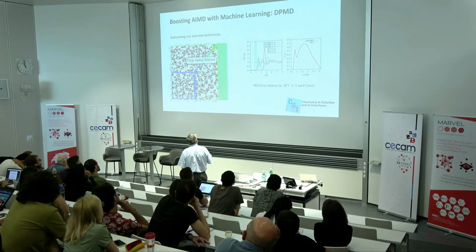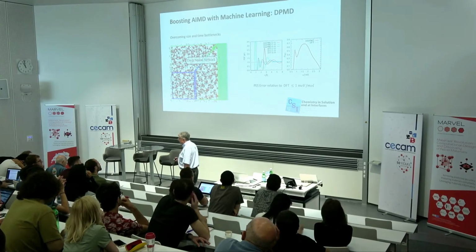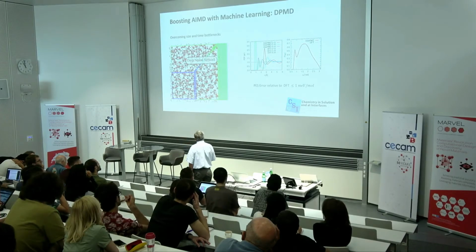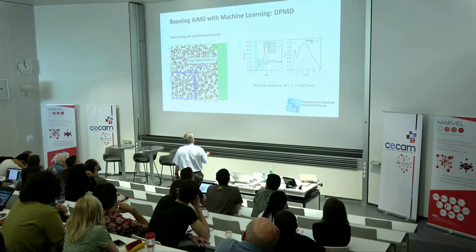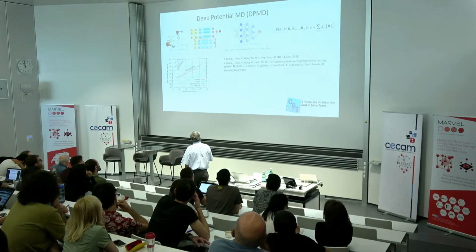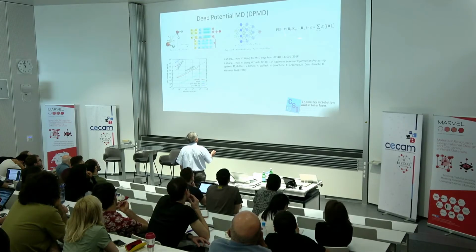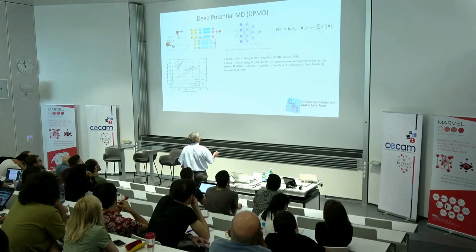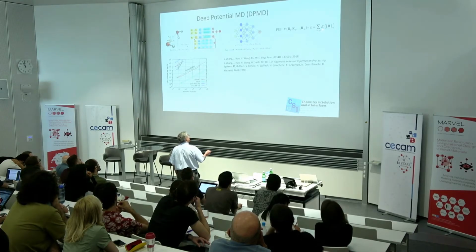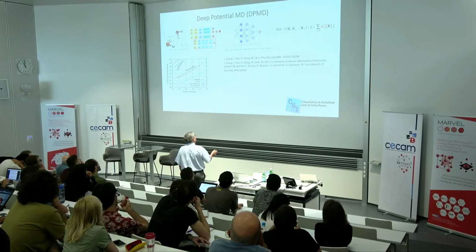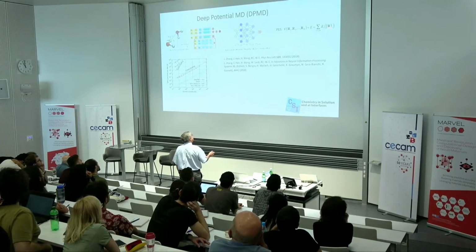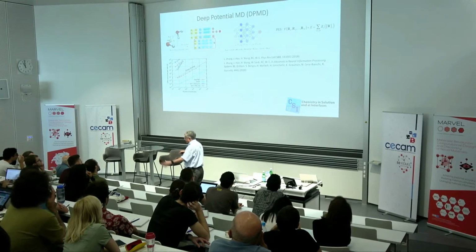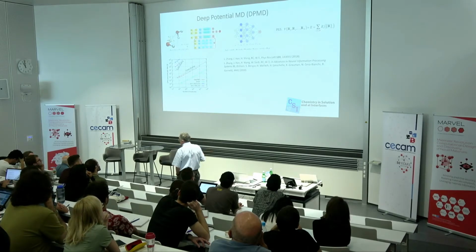The power of this deep neural network is that it can represent the ab initio potential energy surface with extreme accuracy. The potential energy surface is represented in this way as a sum of local potentials, where each one of these local energy functions is actually a many-body potential that depends on the environment of the atom.